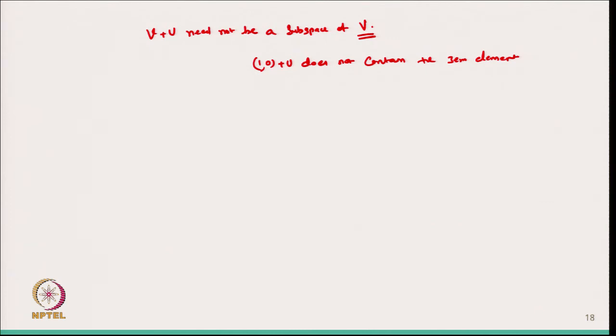So, it does not contain the 0 element, which implies that (1, 0) plus U is not a subspace of V. Then how can we say that it is a subspace of V?